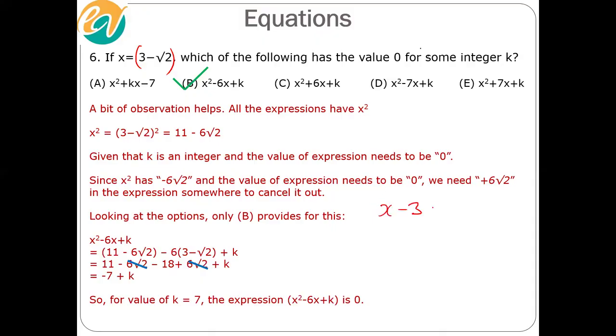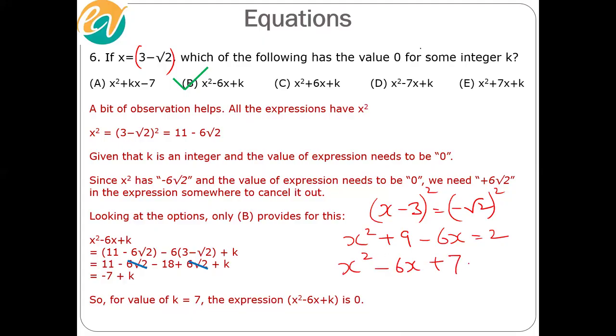So x minus 3 is equal to minus root 2. And then what do we do? Square both sides, because the intent is to get rid of the square root. So what do you get? X square plus 9 minus 6x is equal to 2. So x square minus 6x plus 7 is equal to 0, which is directly in this form.